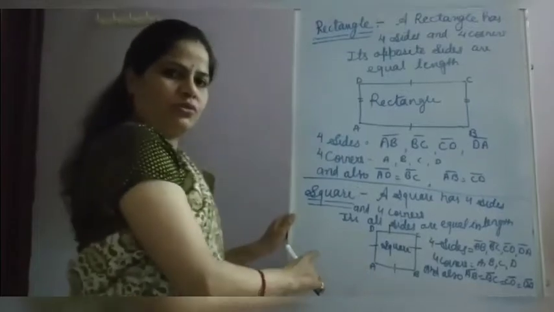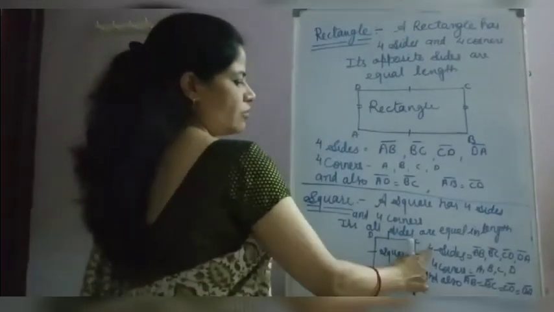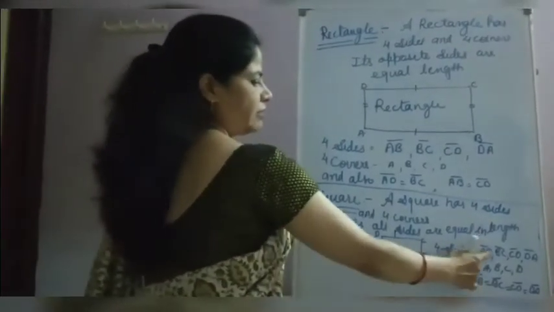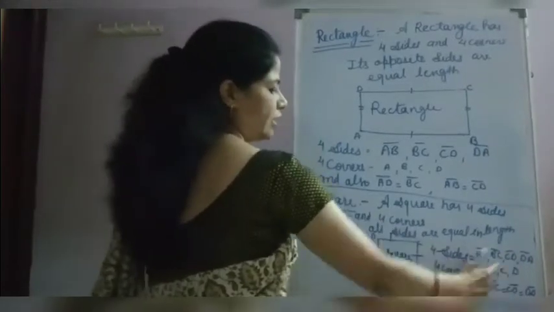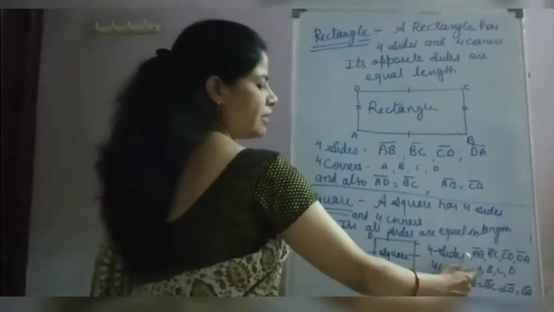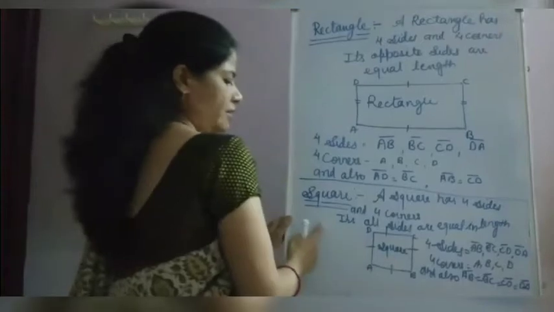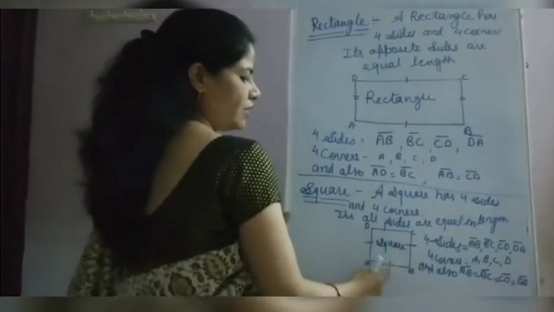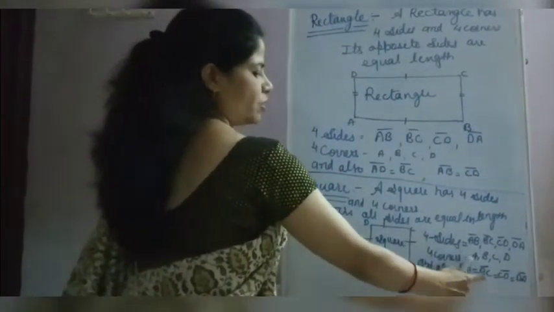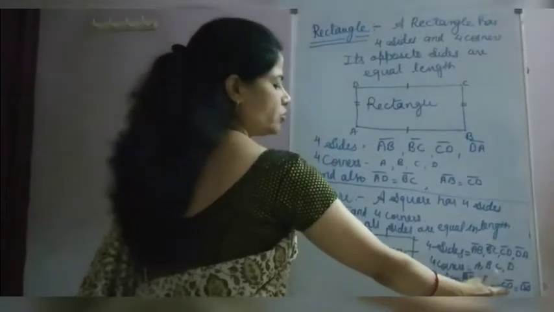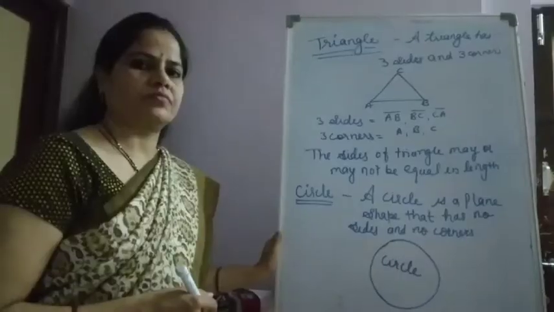So, you can see in the square 4 sides are AB, BC, CD and DA. 4 corners are A, B, C, D and in a square all the sides are equal, meaning AB equals BC equals CD equals DA.